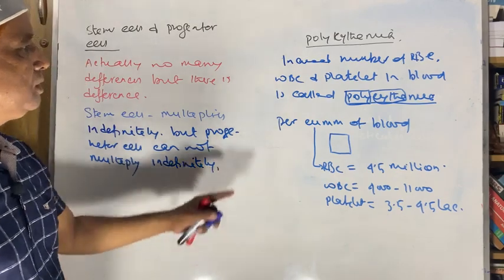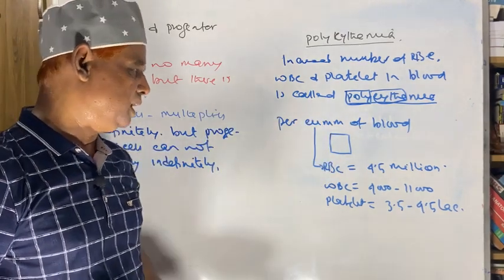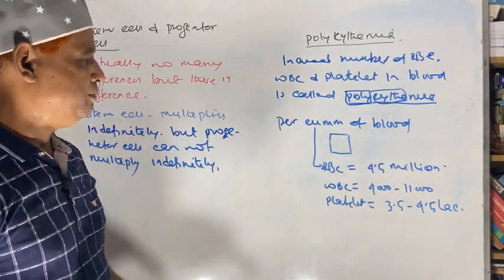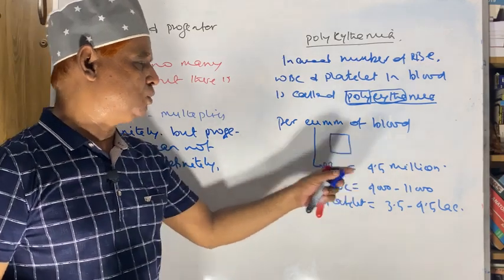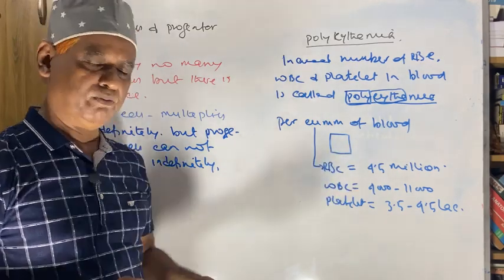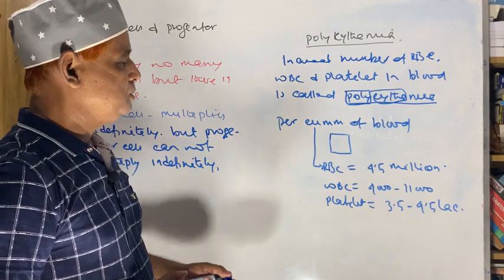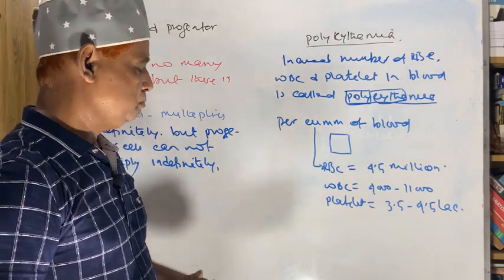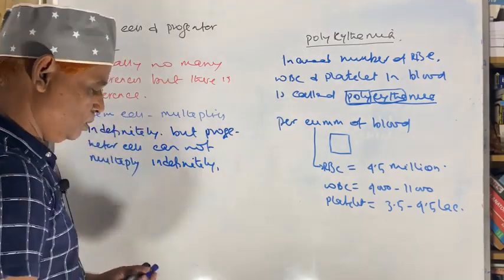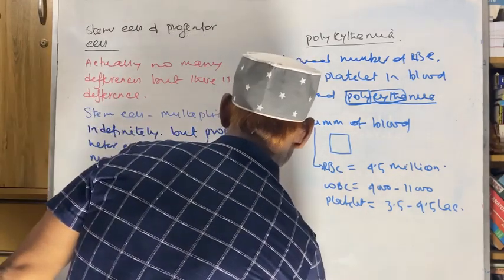So in 1 cubic millimeter of blood, RBC is about 4.5 millions or 5 millions, WBC 4,000 to 11,000, platelet 3.5 to 4.5 lakh.